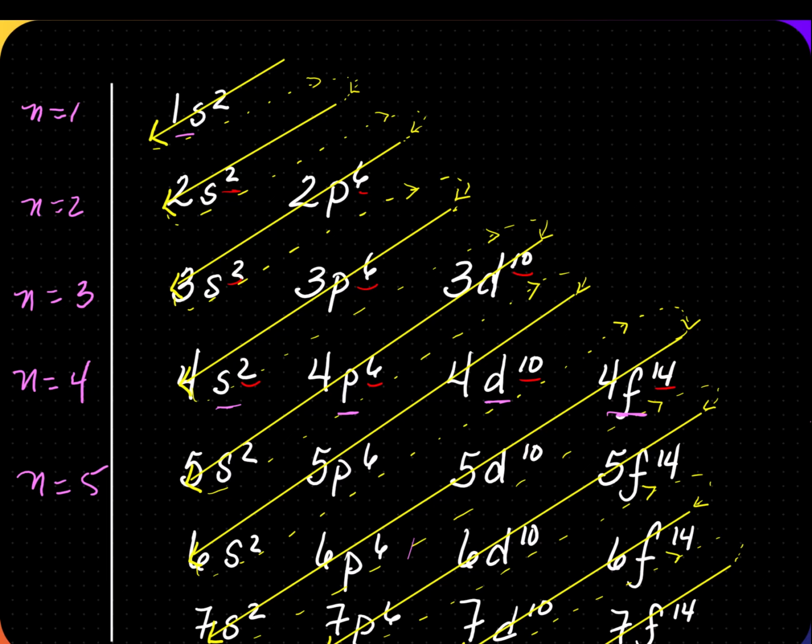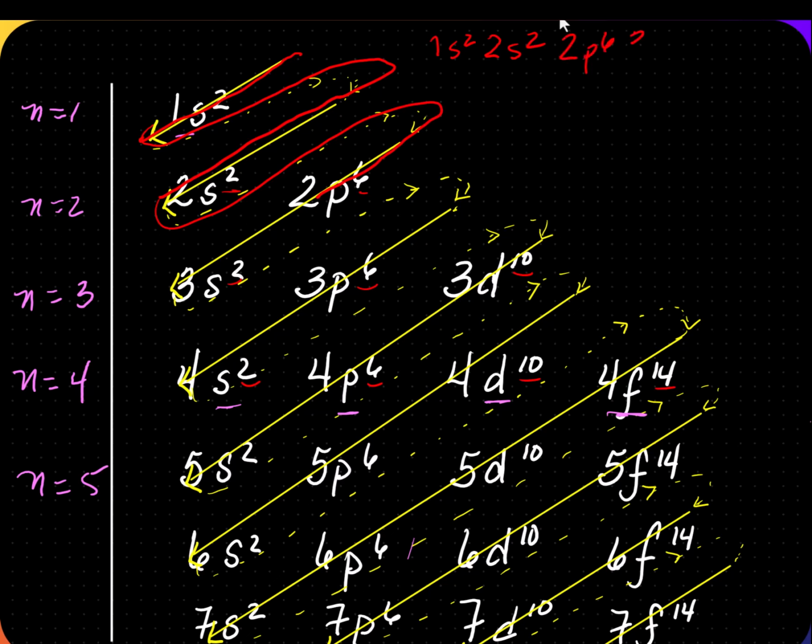So if I go right to left, the lowest energy possible is 1s2. So we fill up 1s2, and then we move to the next row, which is 2s2. So my lowest energy level is 1s2, followed by 2s2. And then again, we go back, and the next lowest energy level is 2p6, and then 3s2.